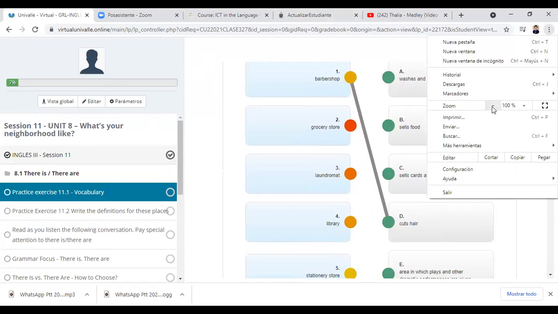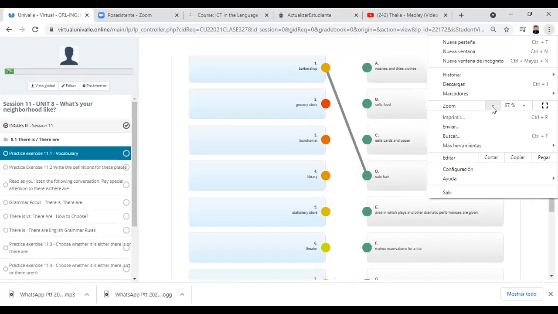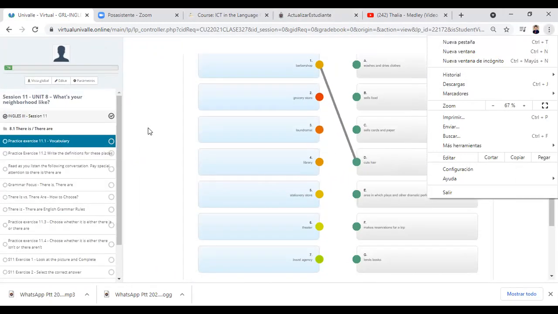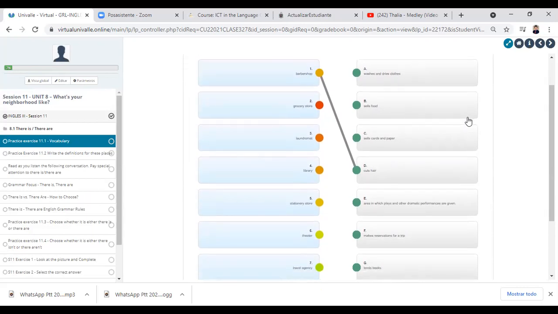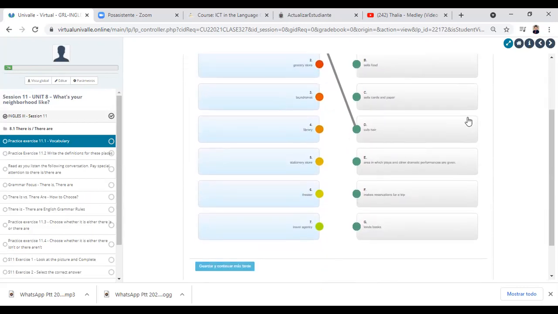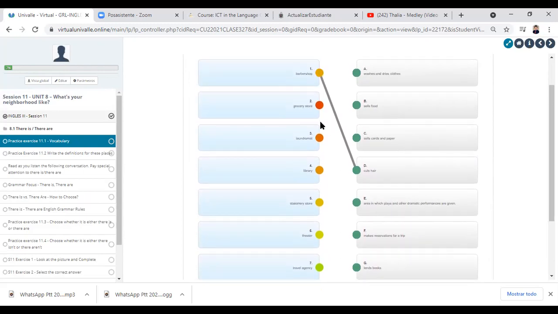Okay, so we're gonna go ahead. Grocery store, washes and dries clothes, sells food, sells cards and paper. Area in which plays and other dramatic performances are given, makes reservations for a trip, lends books.